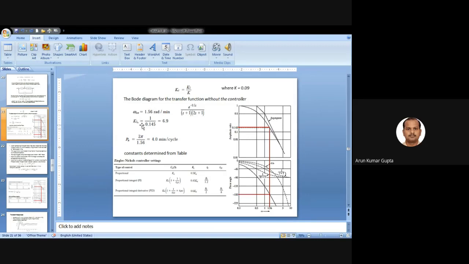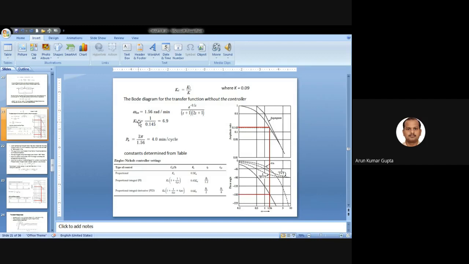So corresponding to this, you can find out the KU. KU is basically 1 upon AR at the crossover frequency, which is 1 upon 0.146, that is 6.9. So you know the K ultimate, or you can say the K1 value, right? And you have the PU, which is 2 pi upon omega CO, that is 1.56, that is 4 minutes per cycle.